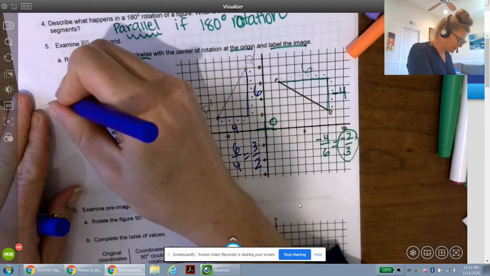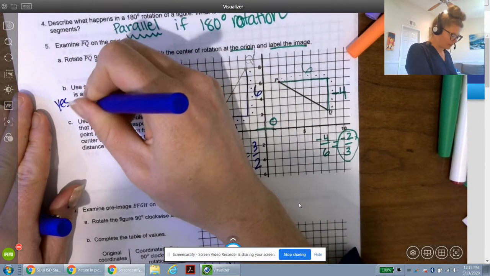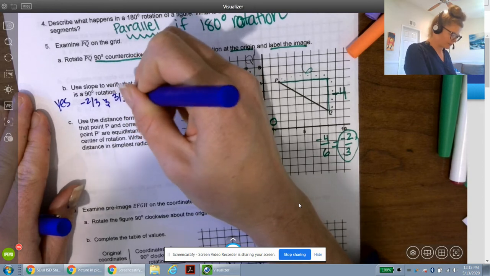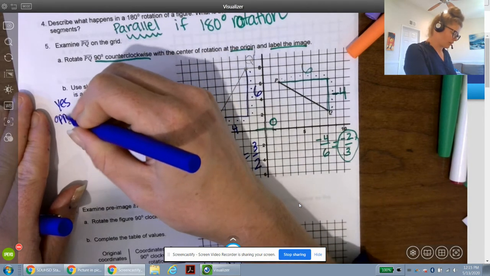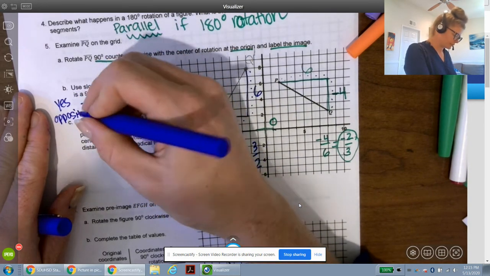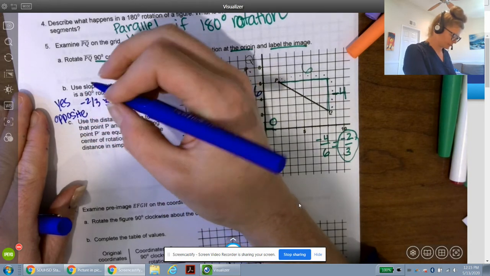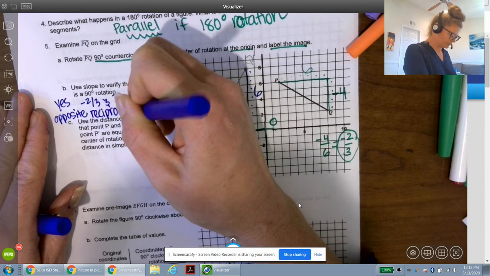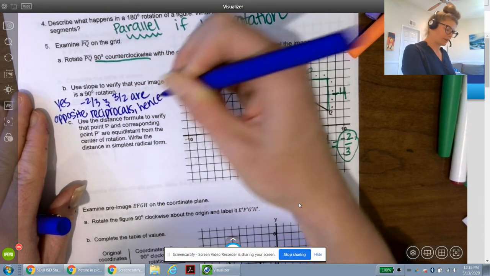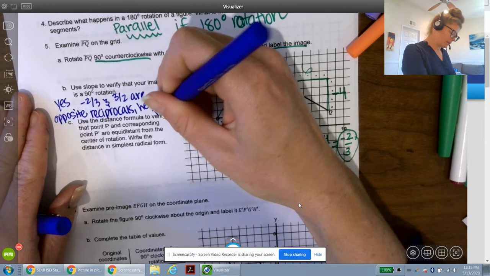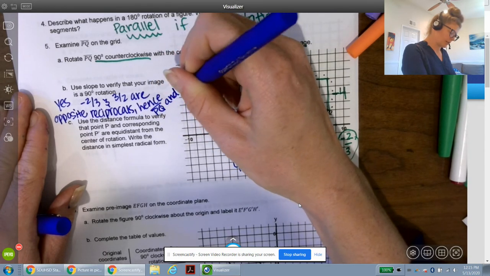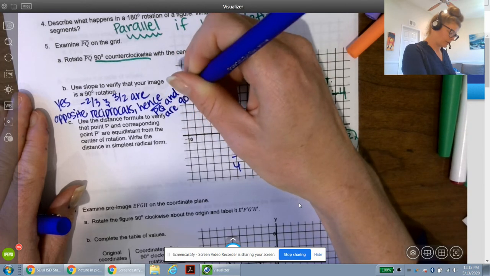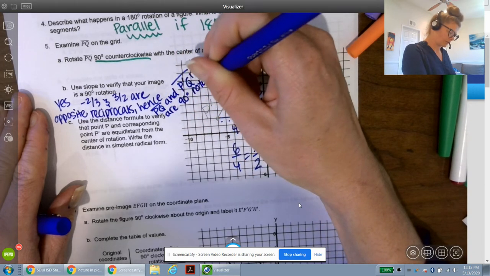So yes, -2/3 and +3/2 are opposite reciprocals. Hence, therefore, ergo, segment PQ and segment P'Q' are 90-degree rotations.